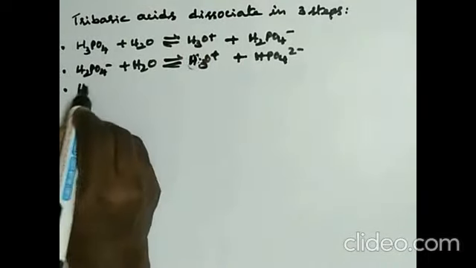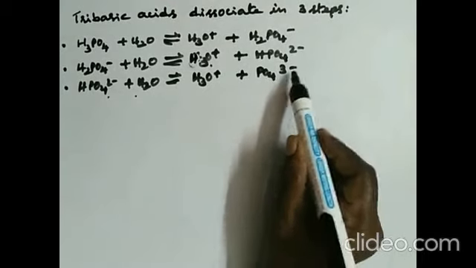The second step, dihydrogen phosphate further combines with water, dissociates forming hydronium ion. One more H combines with this forming hydronium ion and hydrogen phosphate. Valency is 2 minus. And HPO4 2 minus further combines with water, dissociates forming hydronium ion and phosphate ion.